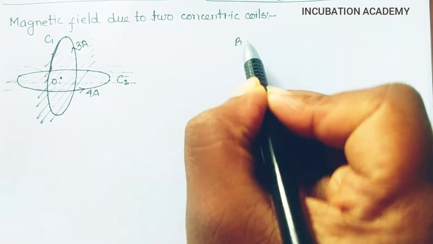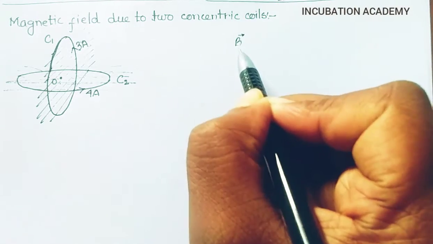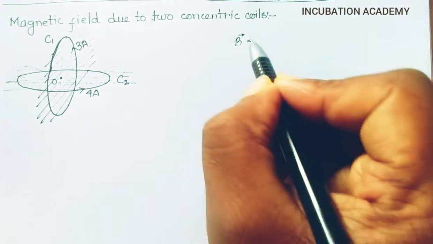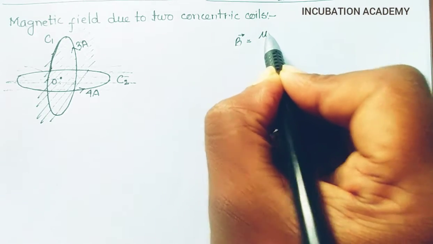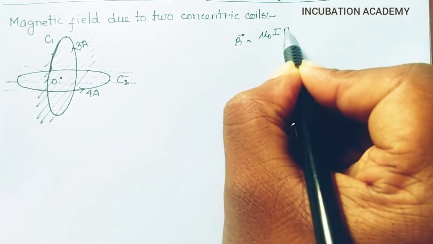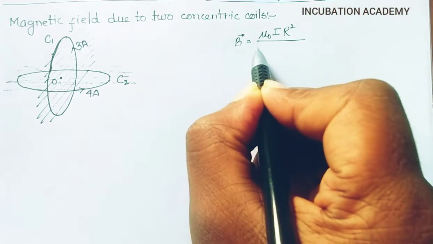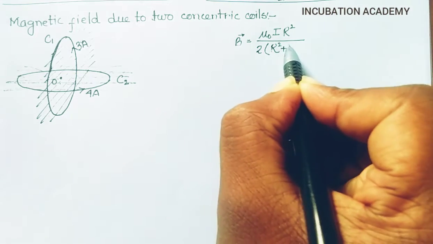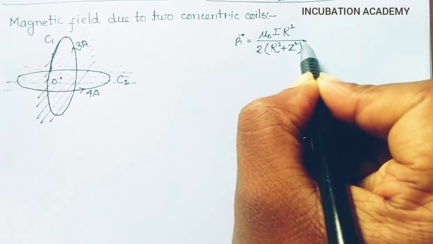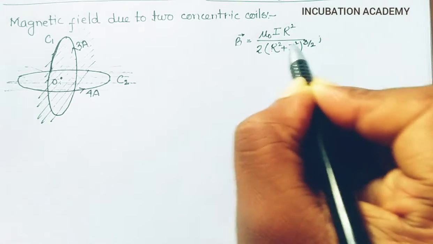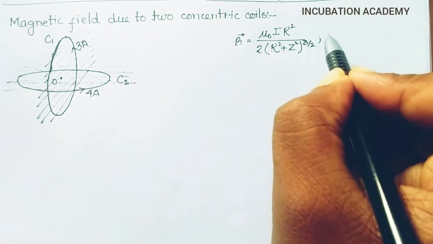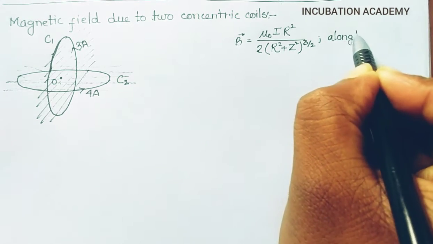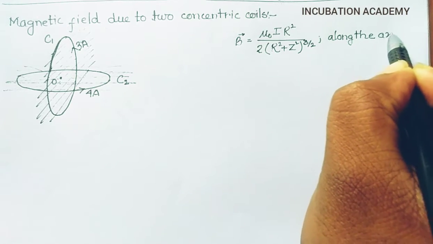The magnetic field at a certain distance on the axis of a coil is mu naught I r square divided by 2 into (r square plus z square) to the power 3 by 2, and its direction depends on the current flow and is along the axis.